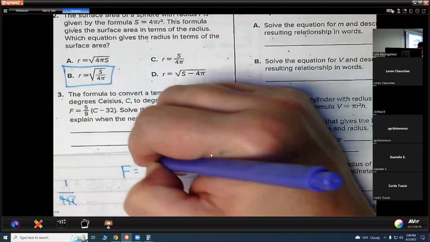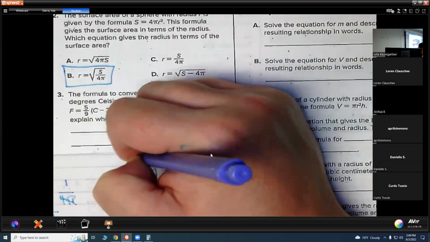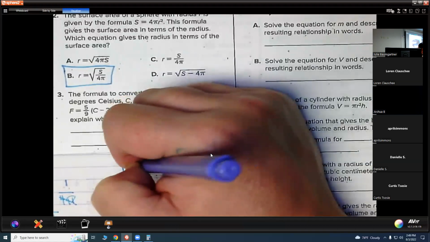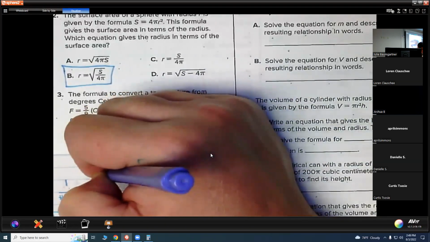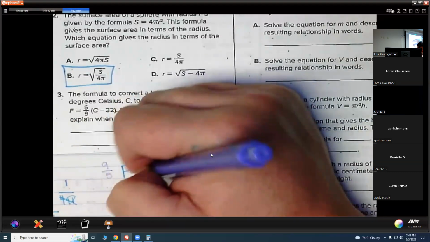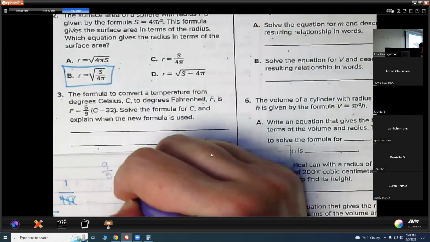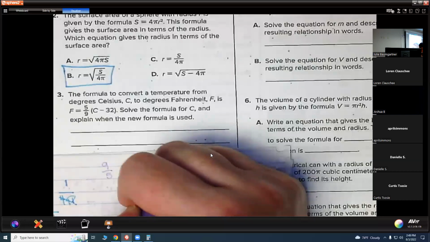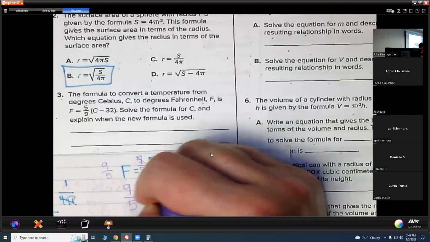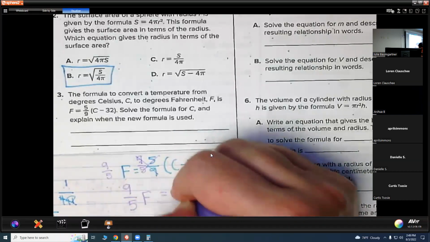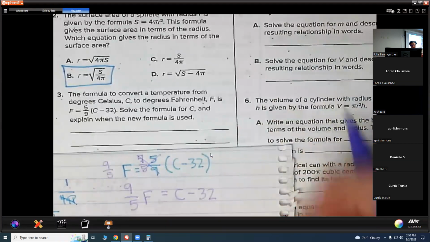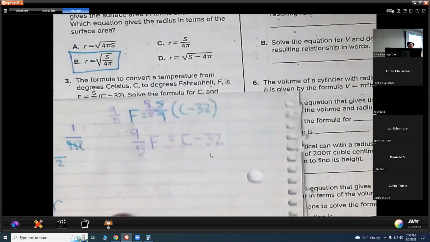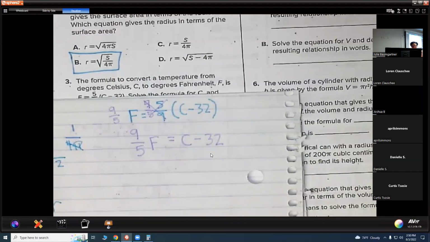Yep, exactly. Take the reciprocal, which is 9/5. So we're going to multiply both sides by 9/5, and these are going to cancel. So now I have 9/5 F equals C minus 32. Now what should I do?